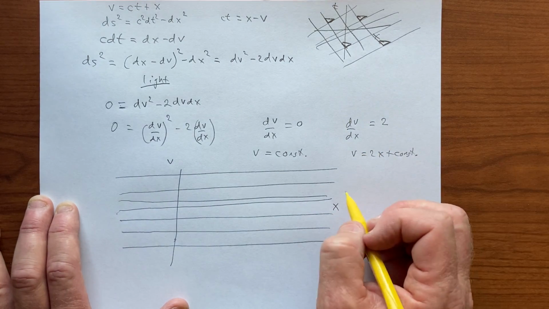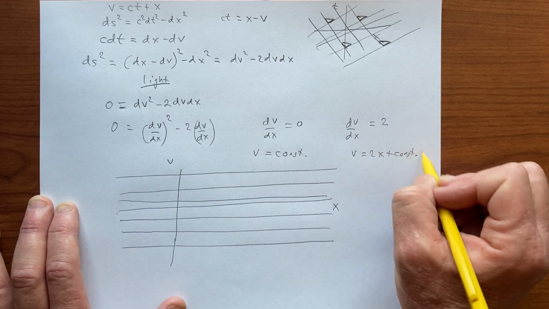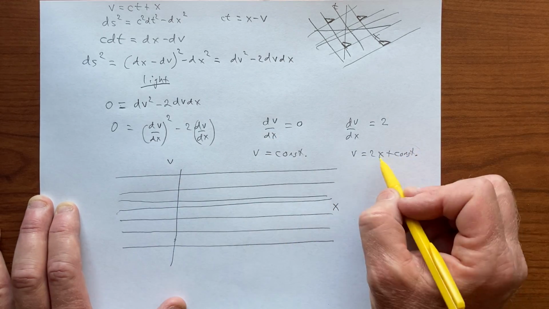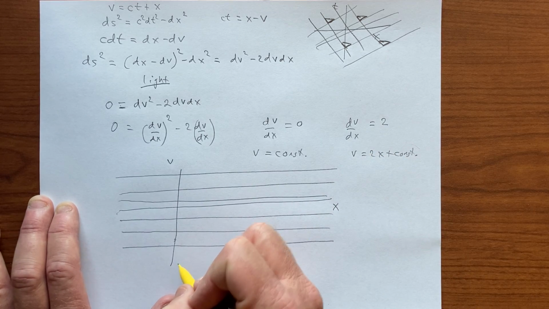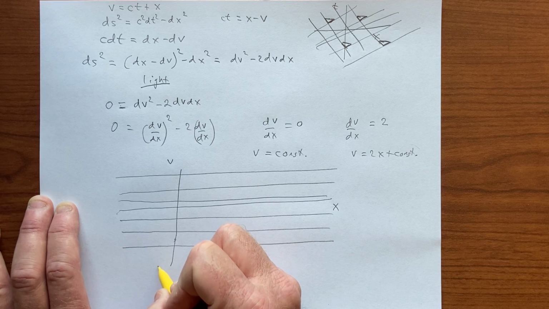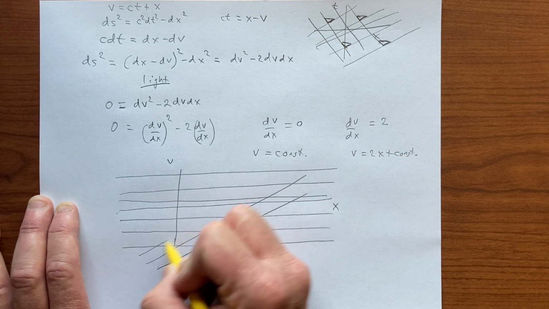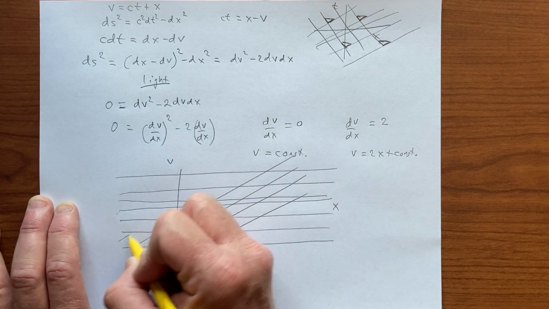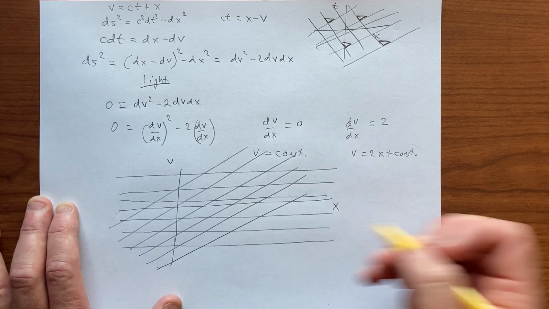So it's different points along here, right? So the intercept has different values, but it has a slope of 2. So these are the light paths, light to the right and light to the left.